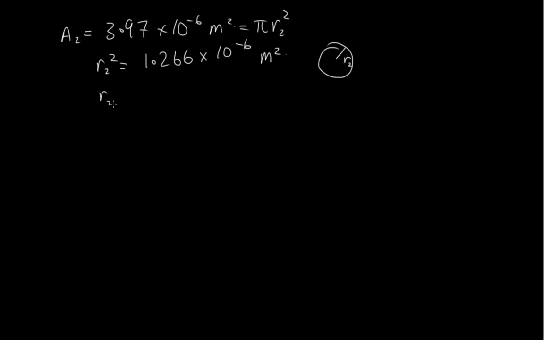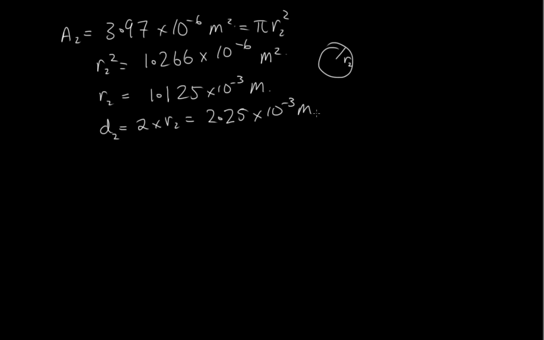And so the radius is the square root of this, which is 1.125 times 10 to the minus 3 meters. And so the diameter at point 2 is 2 times the radius, and so that is equal to 2.25 times 10 to the minus 3 meters.